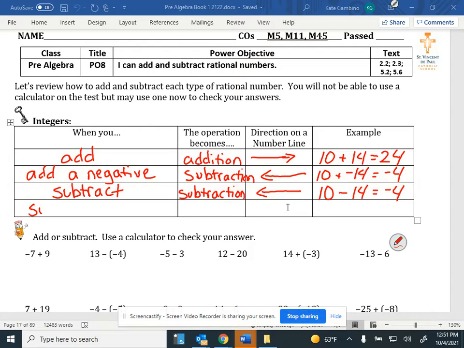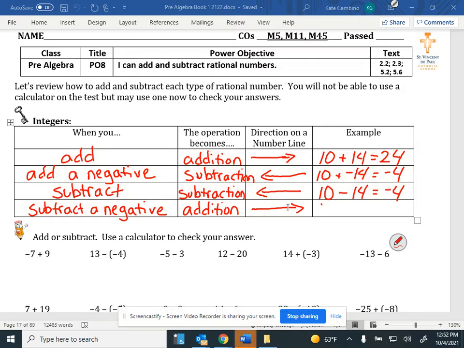When you subtract a negative, your operation actually becomes addition. And you go to the right on the number line.